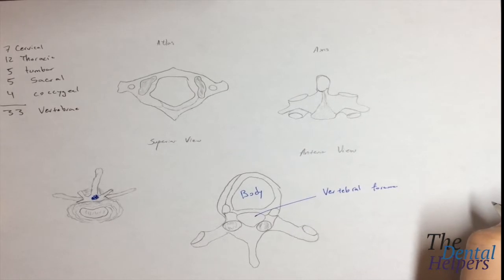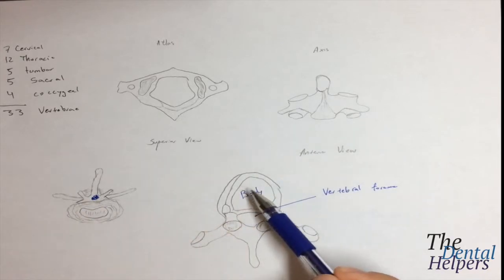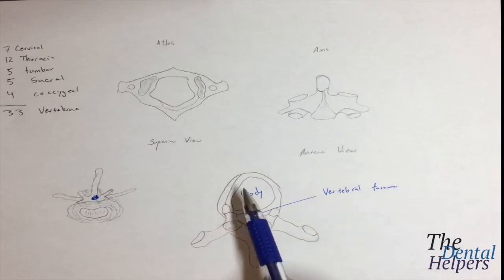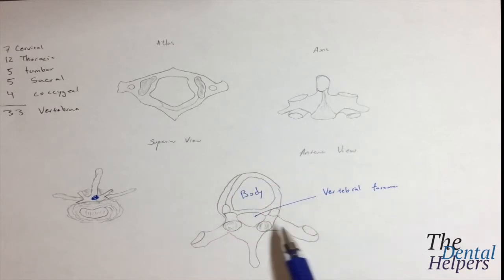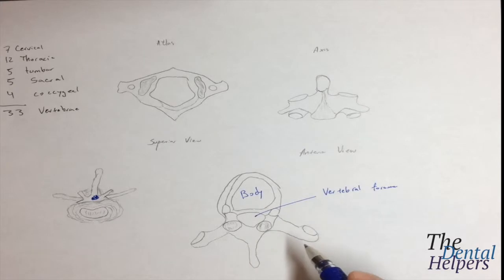And what you should know is the body itself, it's used to support the weight. So as each vertebrae are going to land on each other and stack up, we're going to see that the weight is placed on the body. The vertebral foramen, it's where the spinal cord is going to pass through.